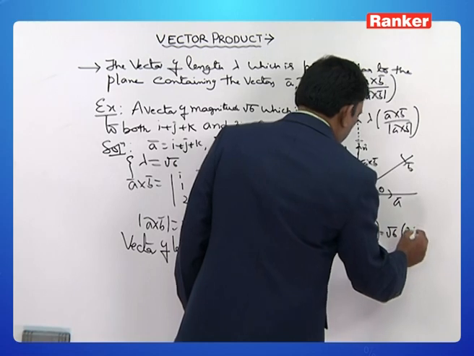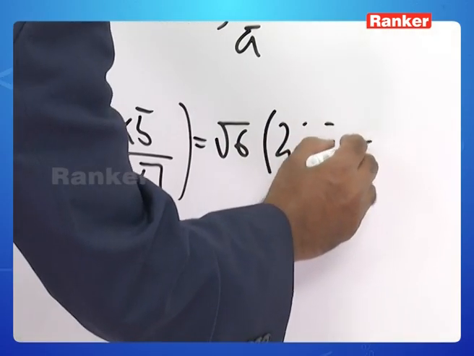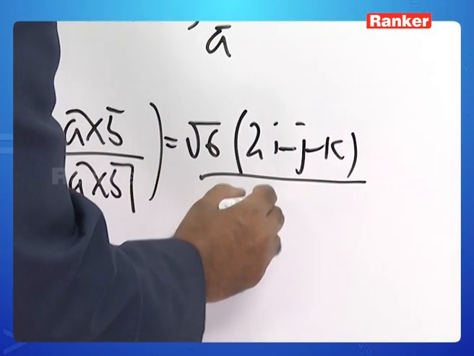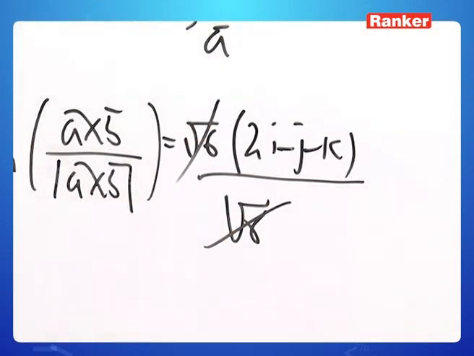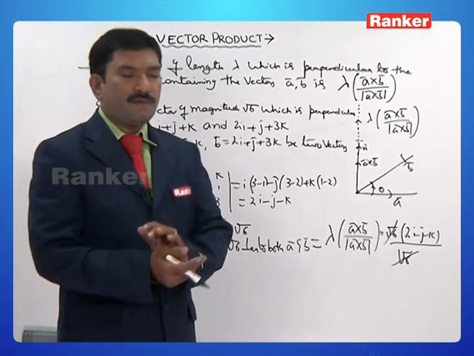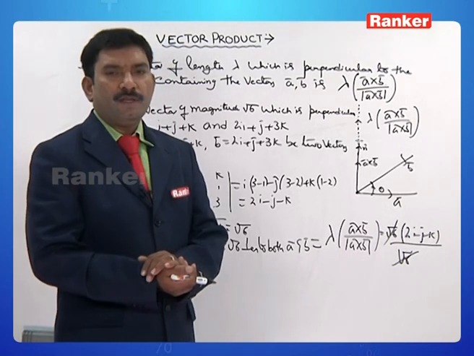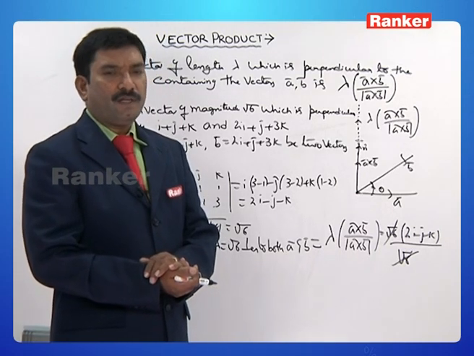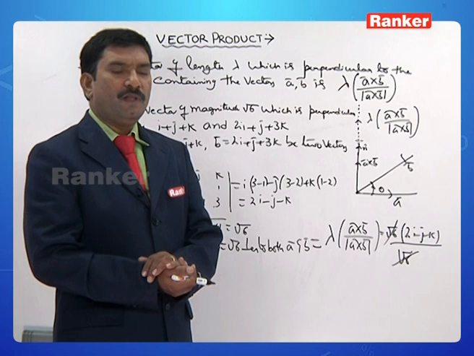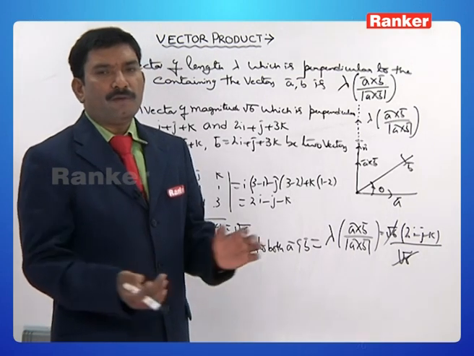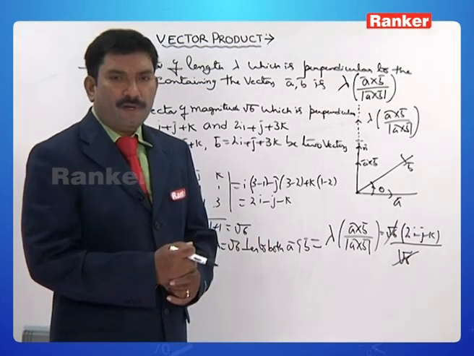That is 2i minus j minus k by root 6. Root 6 goes. The required answer is what? 2i minus j minus k is the vector of length lambda, root 6, perpendicular to both A bar and B bar.